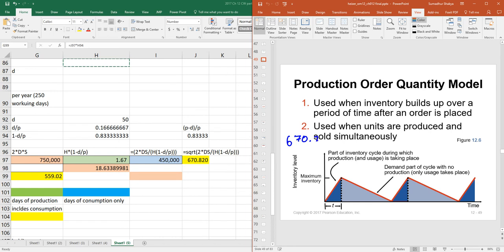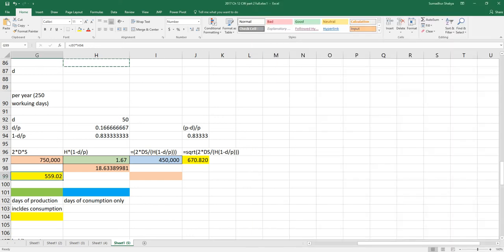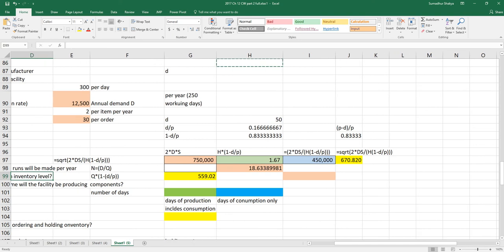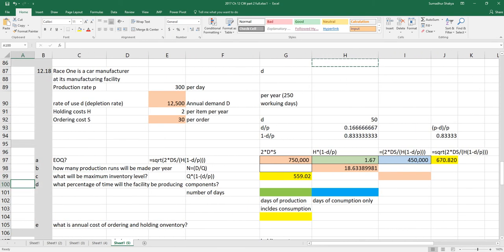But because they are also consuming at the rate of 50 units a day, the maximum level reached was 559.02. This is happening because while the production was happening, the consumption was also happening. So let's move on to the next part of the question, which is what percentage of the time the facility would be producing components.